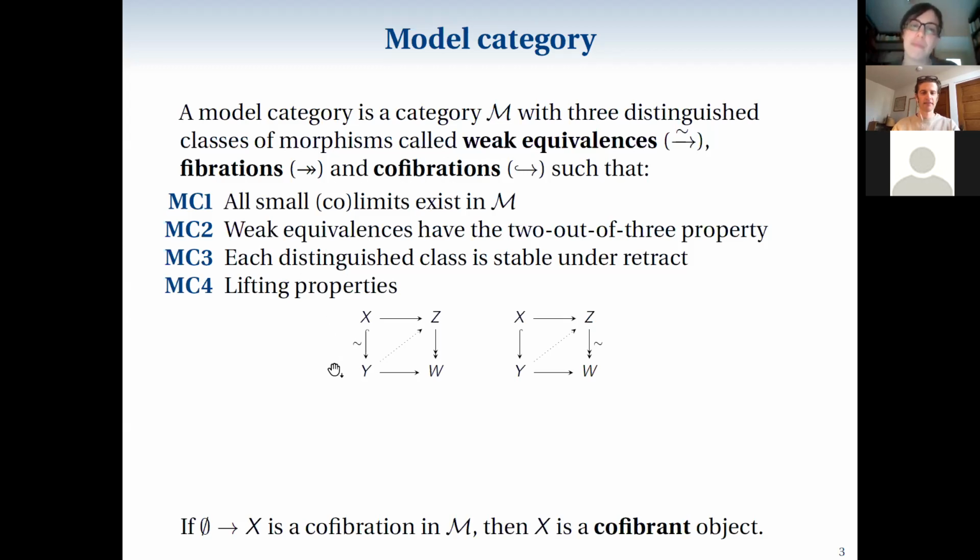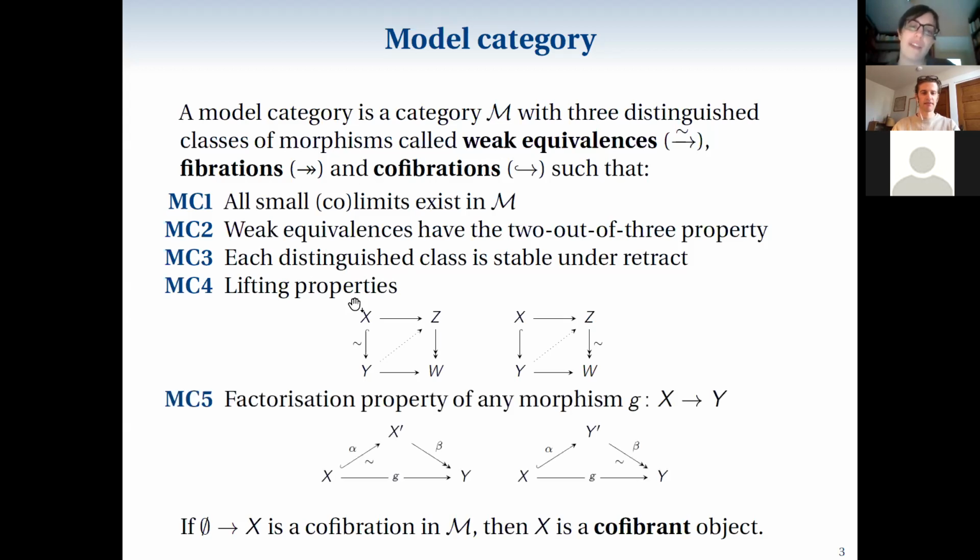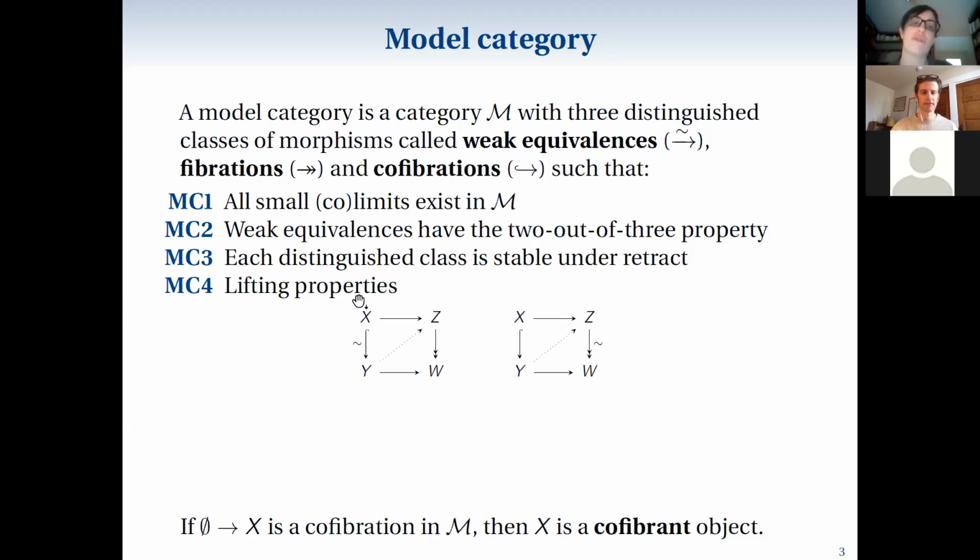Axiom 4 is quite useful because it's actually telling us something about these choices. What this axiom is telling me is that anytime I have a cofibration which is also a weak equivalence fitting in this diagram, then it has the left lifting property with respect to fibrations, and vice versa.